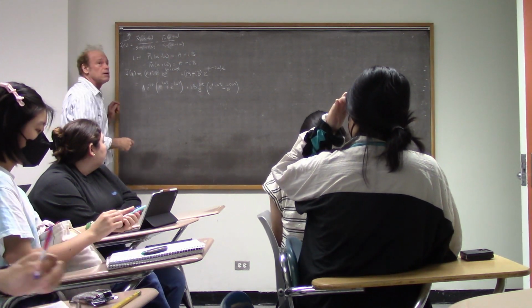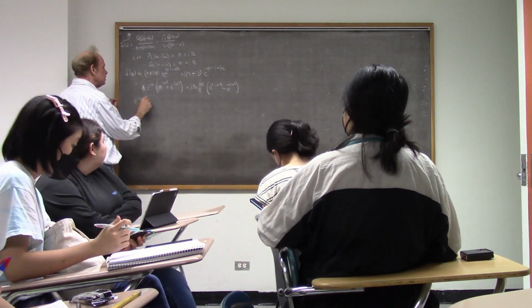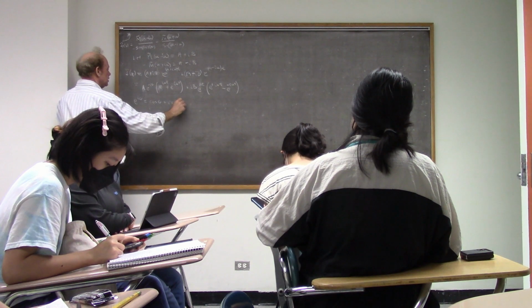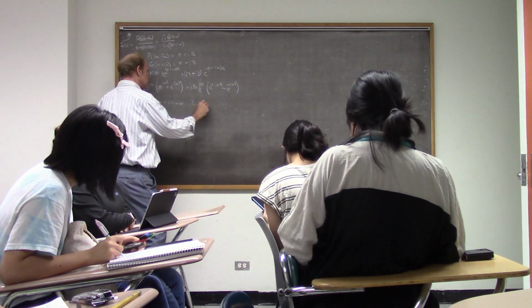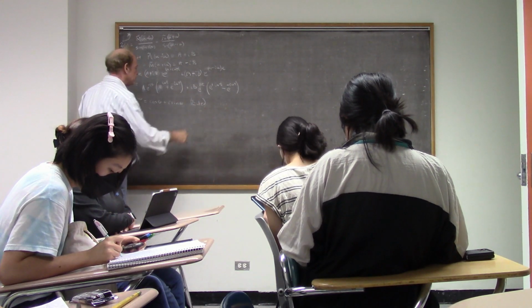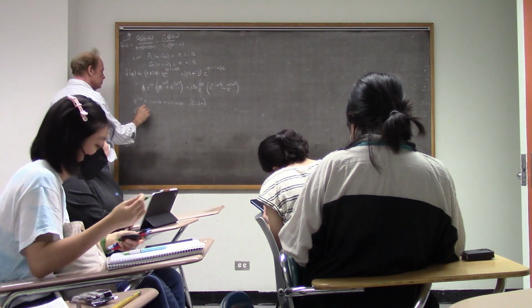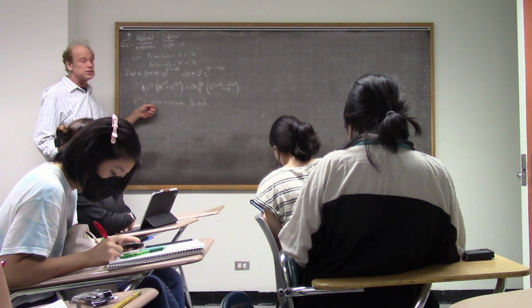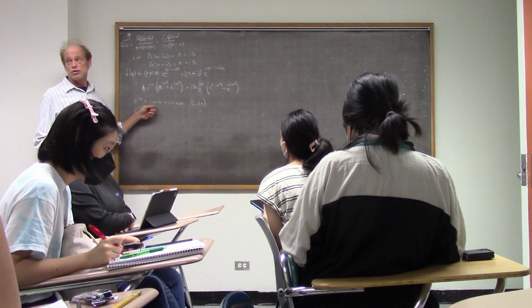Recall we determined over there that e to the i theta is equal to cosine theta plus i sine theta. And by the way, this formula is known as Euler's formula. Well, let's look at what happens if I have e to the minus i theta. That means I replace theta by minus theta. What's the cosine of minus theta?